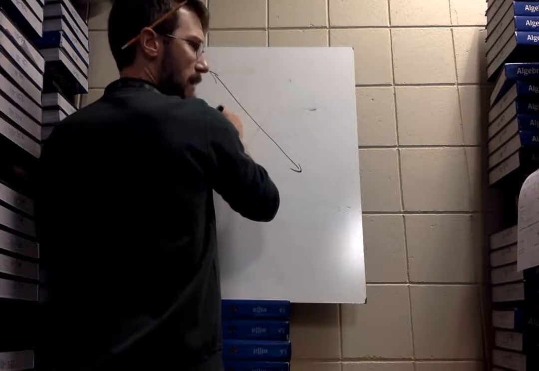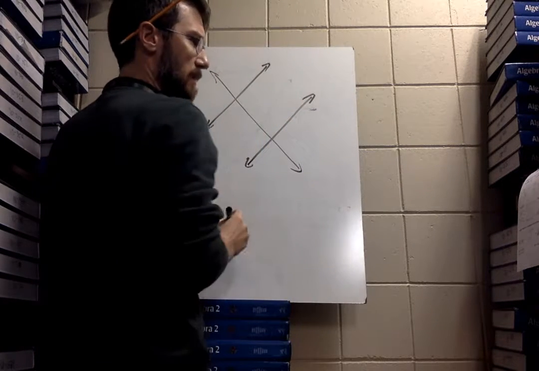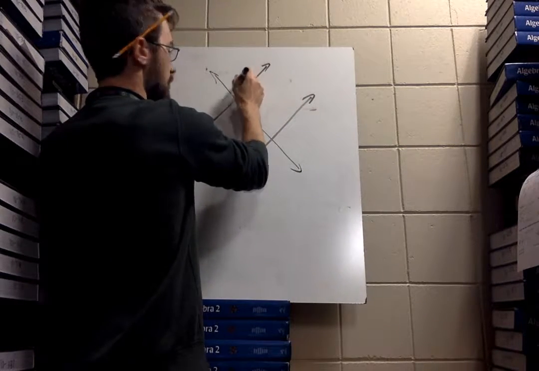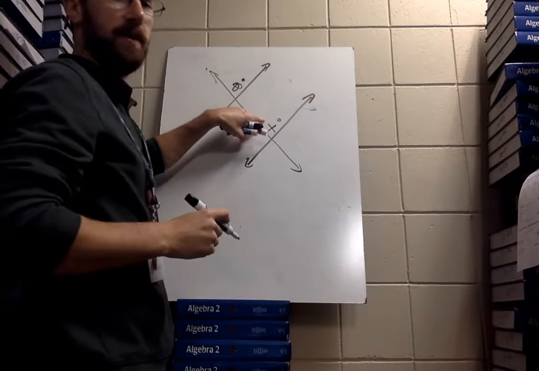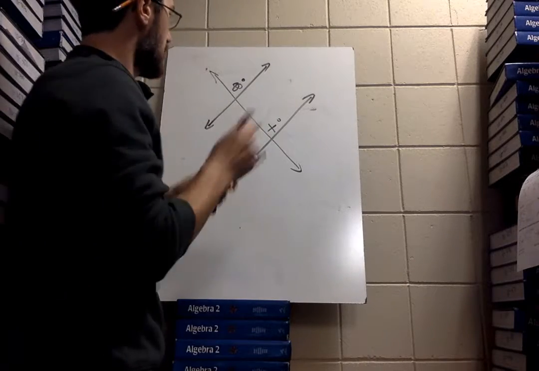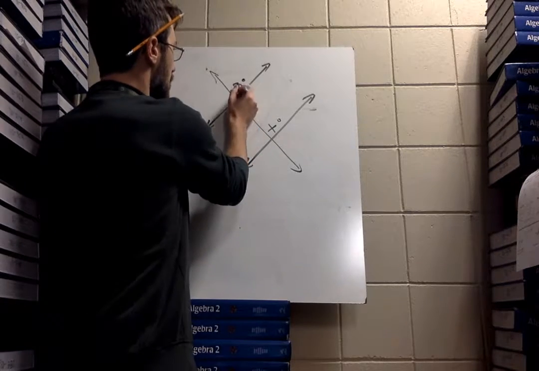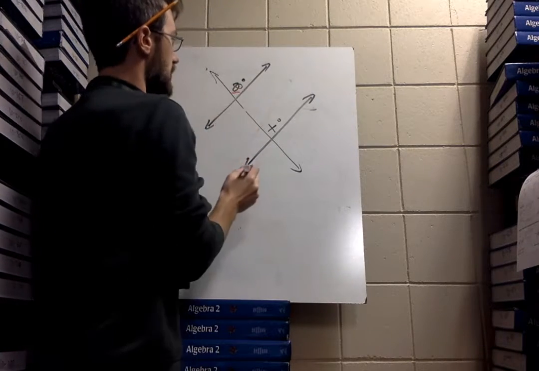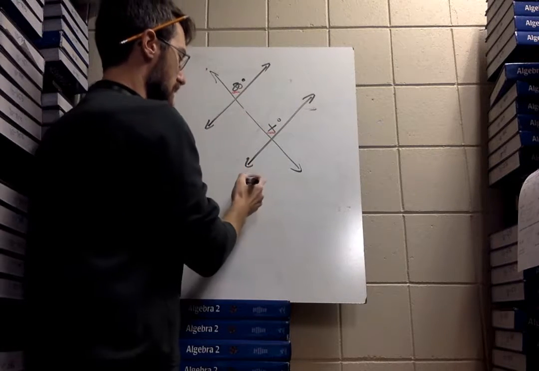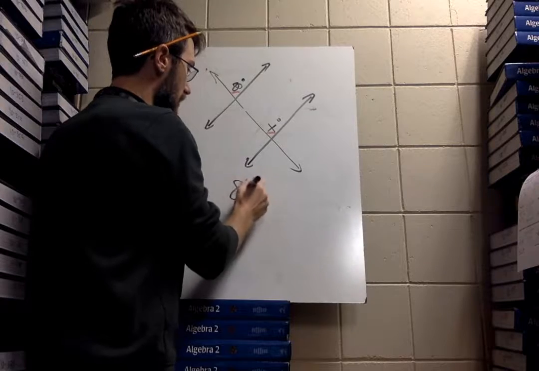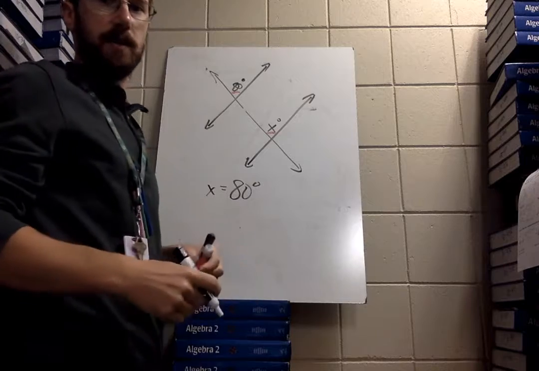We've got our two parallel lines being intersected by a transversal, and it says this is 80 degrees and this is X degrees. And it's asking us to figure out what this is. Well, if I break it up into big angles, little angles, or match it up with the colors, this one is less than 90 degrees. This one also looks like an acute angle. Those are corresponding angles, so they're equal. So in this case, the measure of X is equal to 80 degrees.